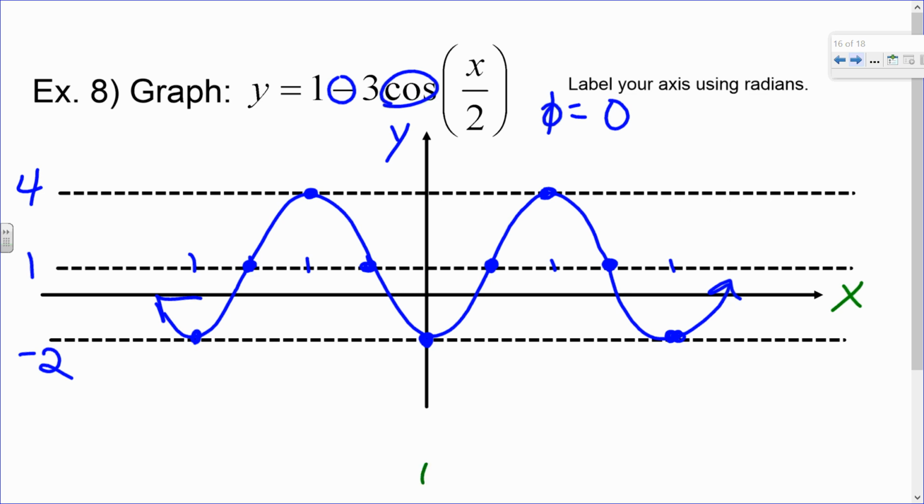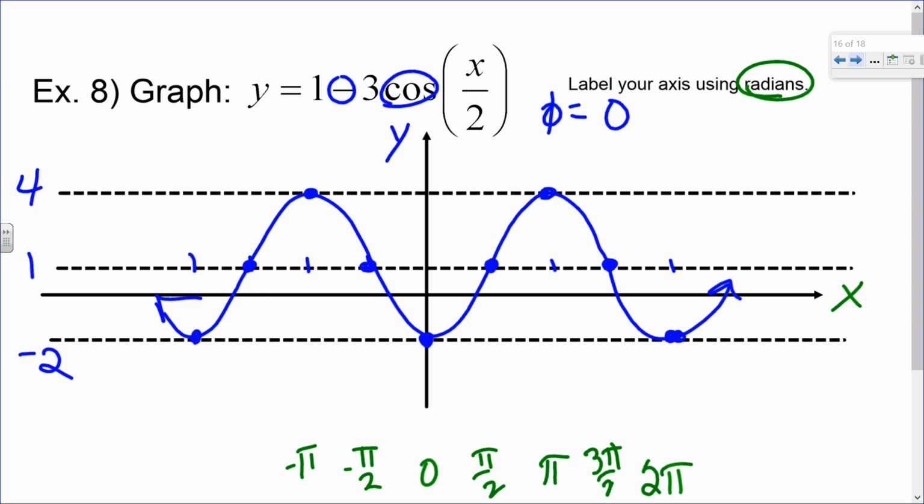My scratch work, normally this would have been 0. This is supposed to be radians, so normally this would have been 2 pi, pi over 2, 3 pi over 2, minus pi over 2, minus pi, minus 3 pi over 2, and minus 2 pi.